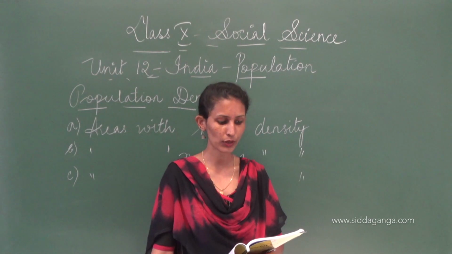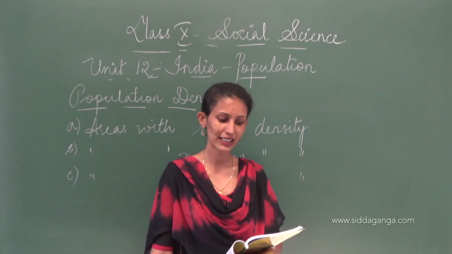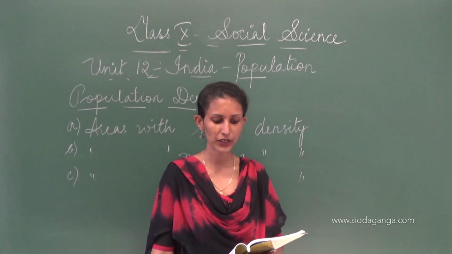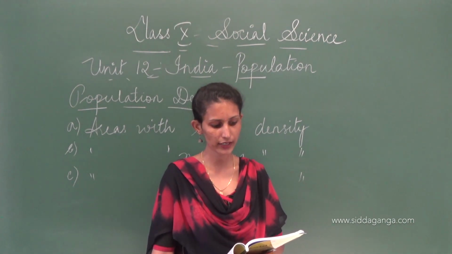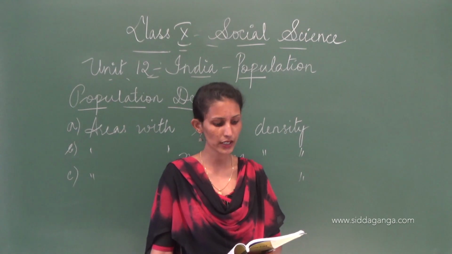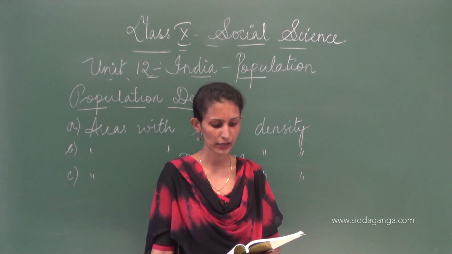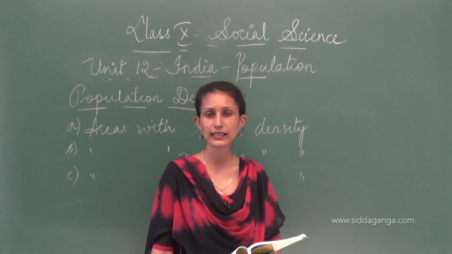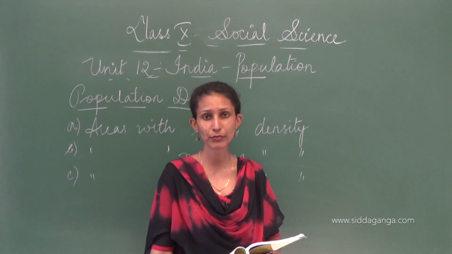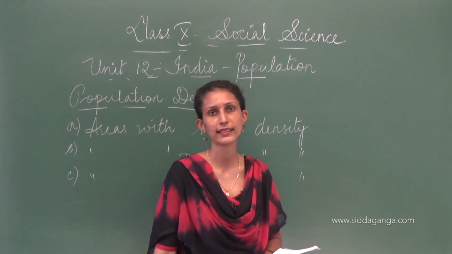Bihar has 1102, West Bengal has 1030, Uttar Pradesh has 328, Haryana has 573, Punjab has 550, Kerala 859, Tamil Nadu 555. Now these states have high density of population because of different factors.